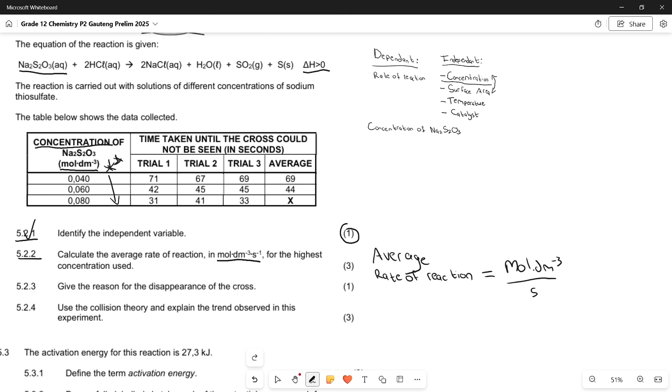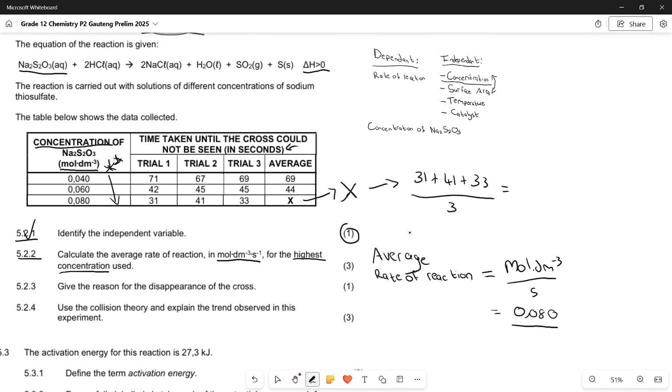which means they did say for the highest concentration used, which means that the highest concentration was 0,080 for our mole. We got 0,080 over there. And then here we have time in seconds. So that's good for us. We don't have to do any conversions to minutes. And then we will actually have to calculate our x value here, considering we do need the average. So in order to calculate the x over here, we can just go 31 plus 41 plus 33 divided by 3 over there.